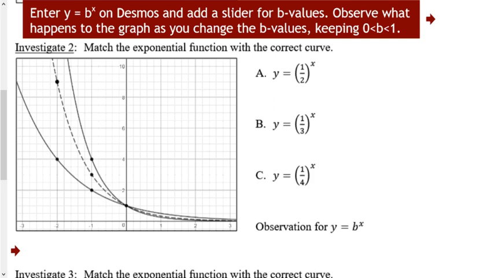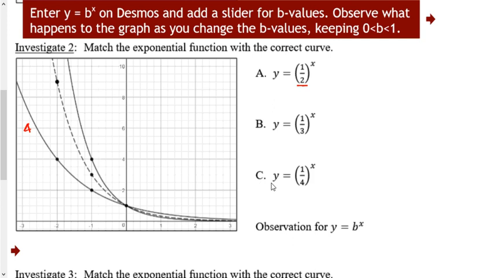Well, once again, hopefully you observed that here, if I have a b value of a half, the smallest base is going to result in the shallowest curve. So it's going to be the slowest decay here. So this would be that function for a.